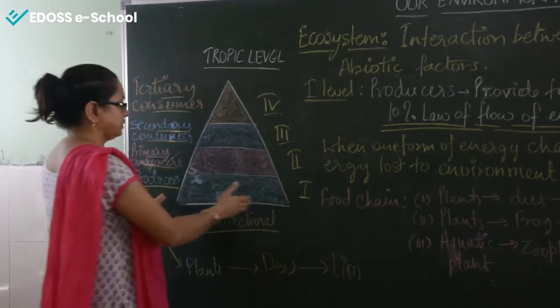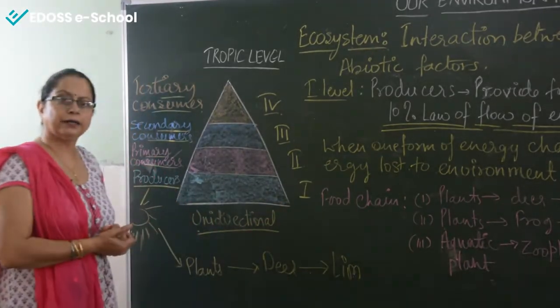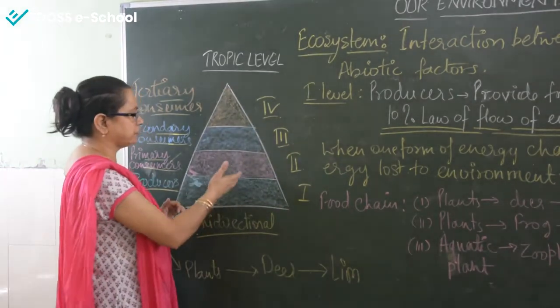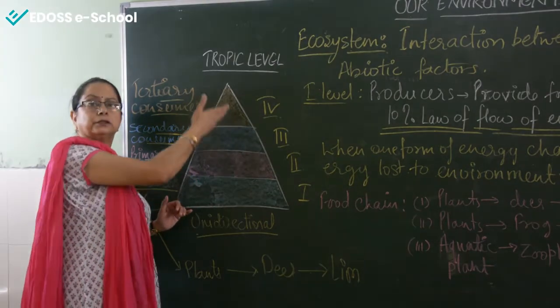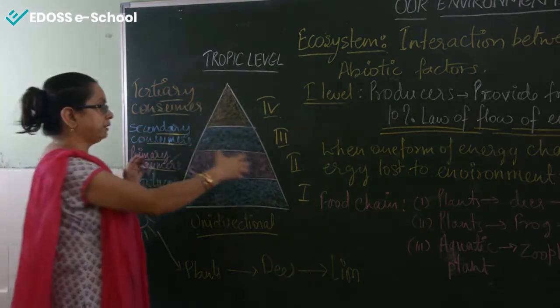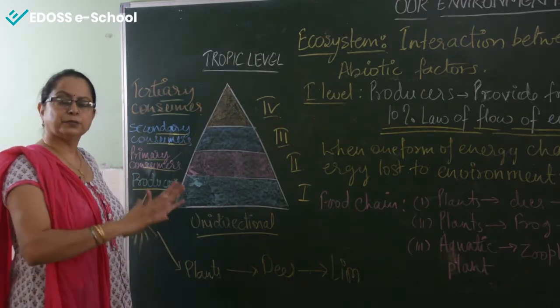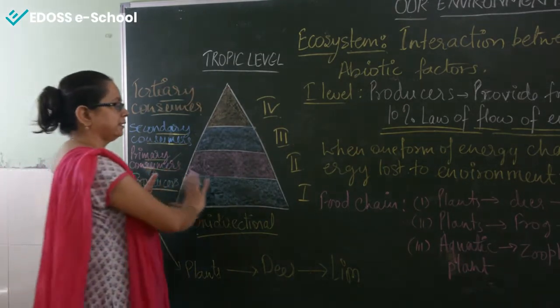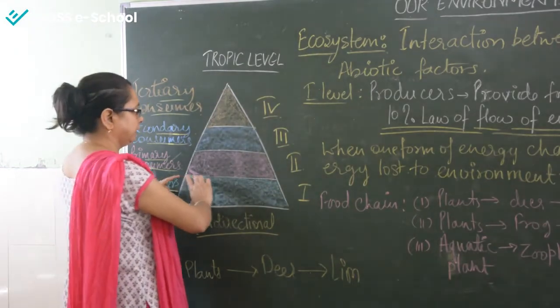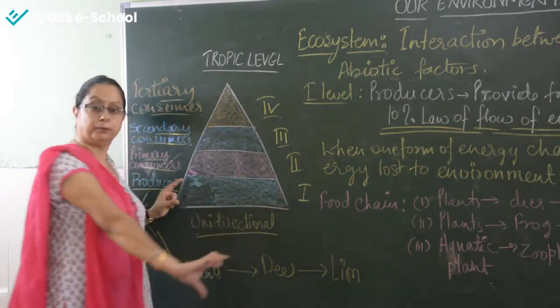So as you have seen, it is in the pyramid form. Why? Because as we move from the first level to second, second to third, third to fourth, the number of organisms gets reduced. The maximum present on this earth are the green plants. That is why you can see the first level is comparatively broad.